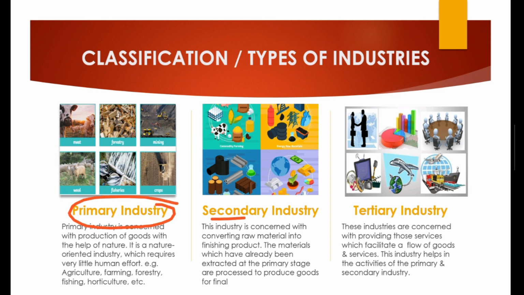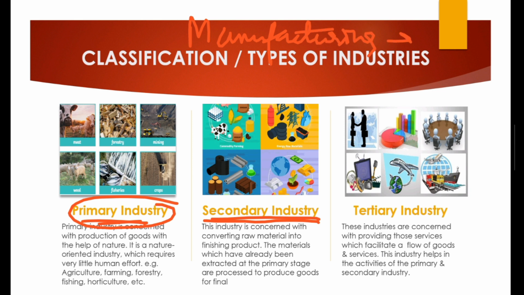Next we have the secondary industry. This industry is concerned with converting raw materials into finished goods. The goods produced by the primary industry are extracted and converted into a final product. Here again, there are two types of industry. First is the manufacturing industry, which, it is very clear, converts raw materials into finished goods.